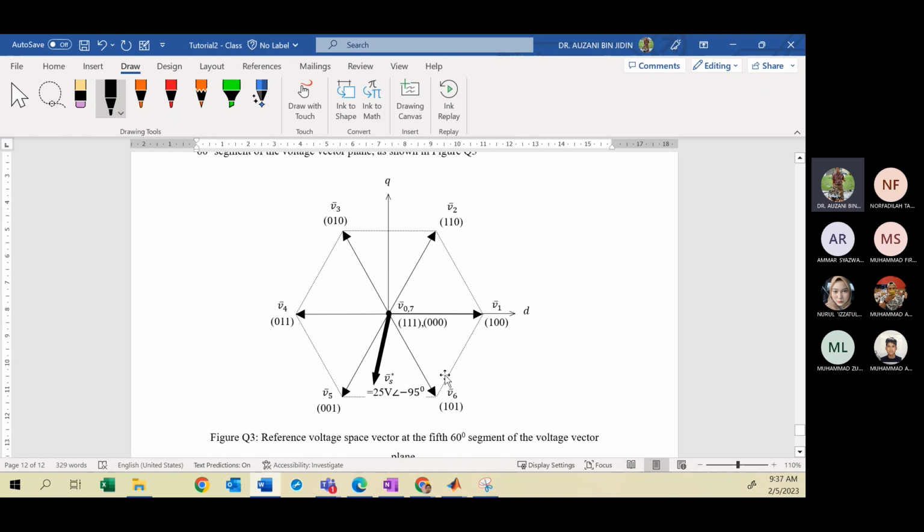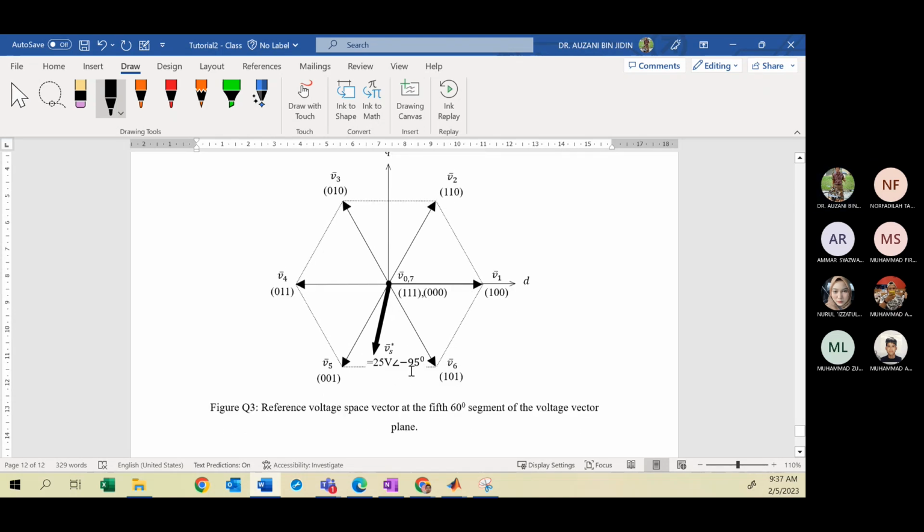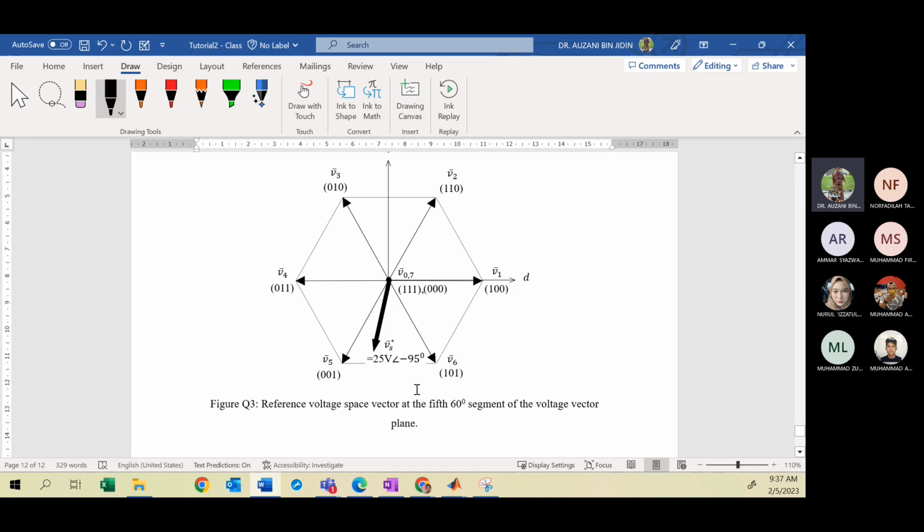In this case, your space vector is located in which sector? 1, 2, 3, 4, 5. Sector number 5. So the angle given is minus 95 here. Is it right? 95 degrees.